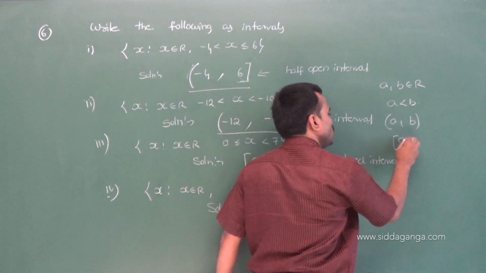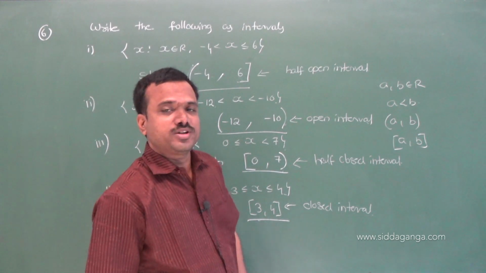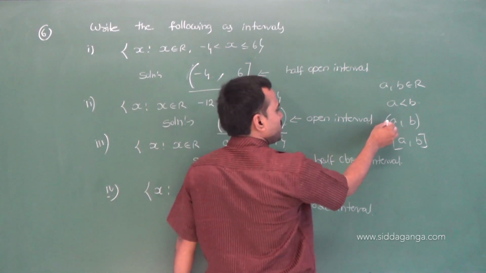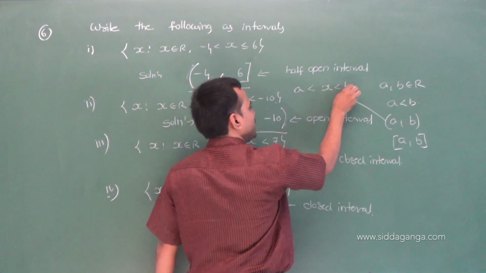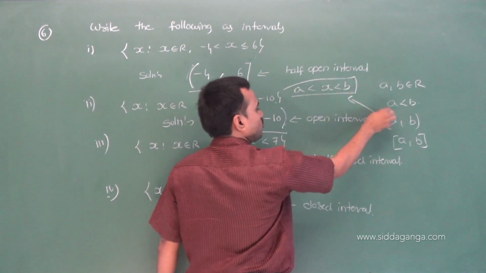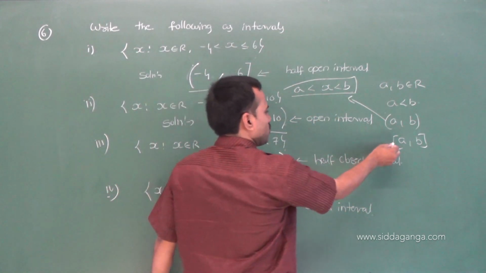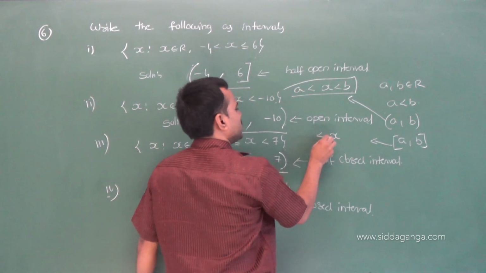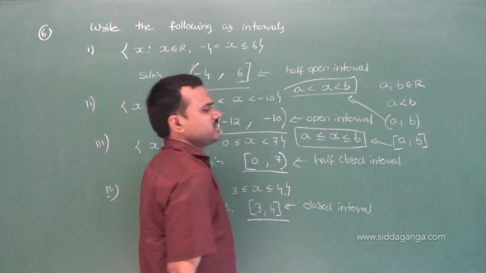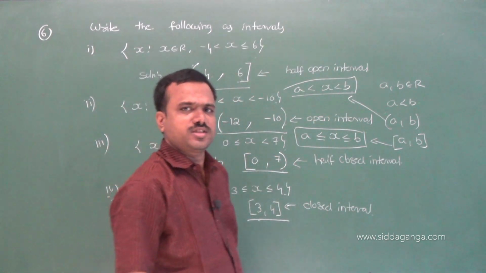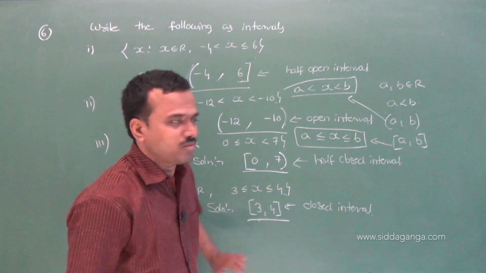If I write a closed interval, the end points are included. For A comma B, the open interval is X greater than A, less than B. For the closed interval, X greater than or equal to A, less than or equal to B. Understand? This is very important.